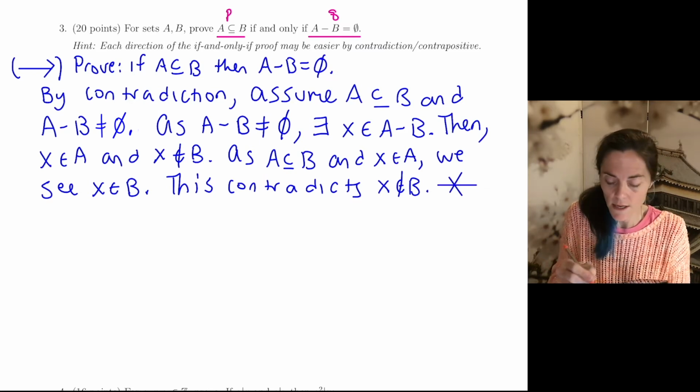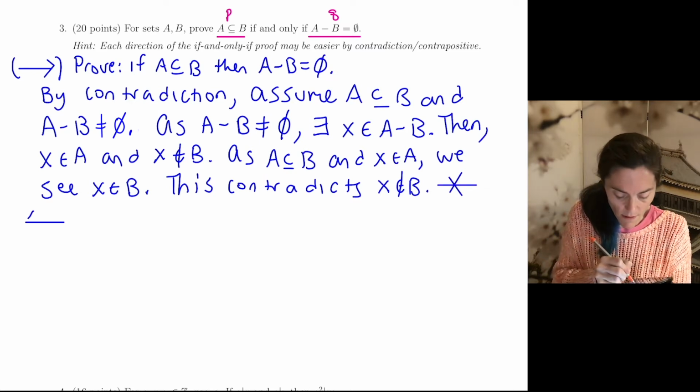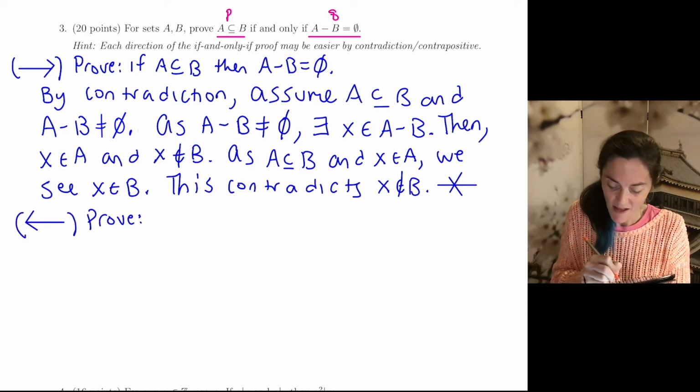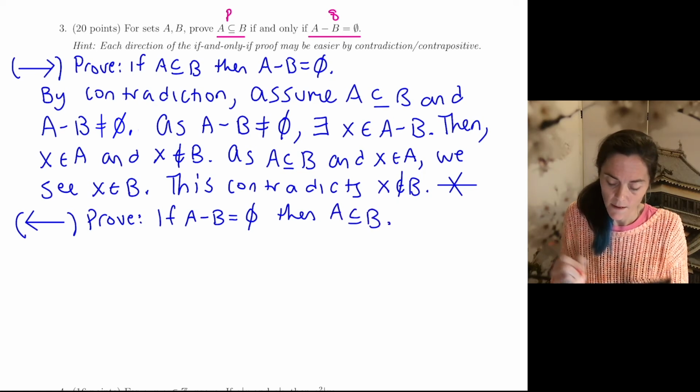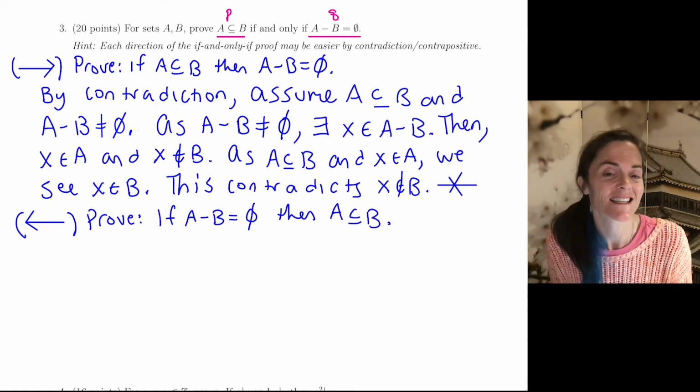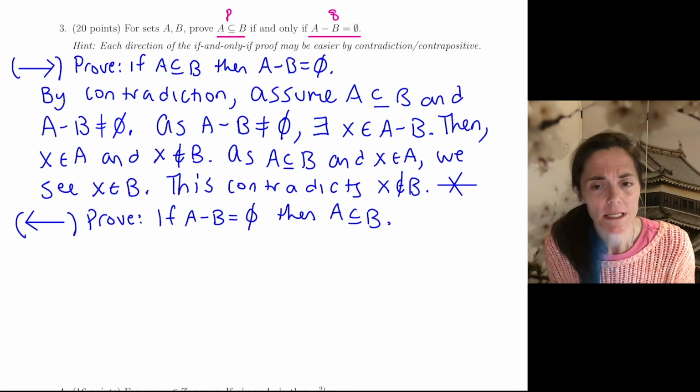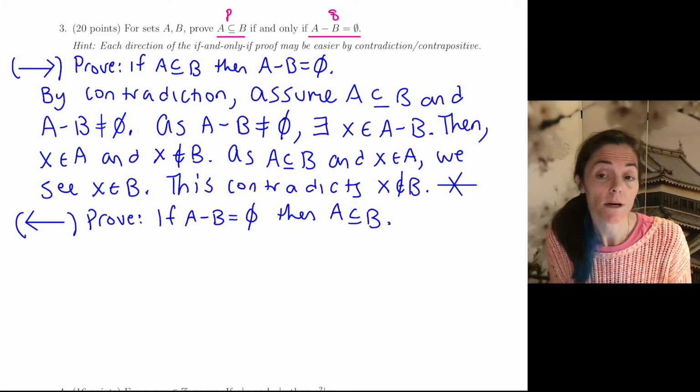Now let's do the other direction, which is we want to prove Q implies P. So let's prove if A minus B equals the empty set, then A is a subset of B. And then again, we have this hint, which is it might be easier to work either contradiction or contrapositive.